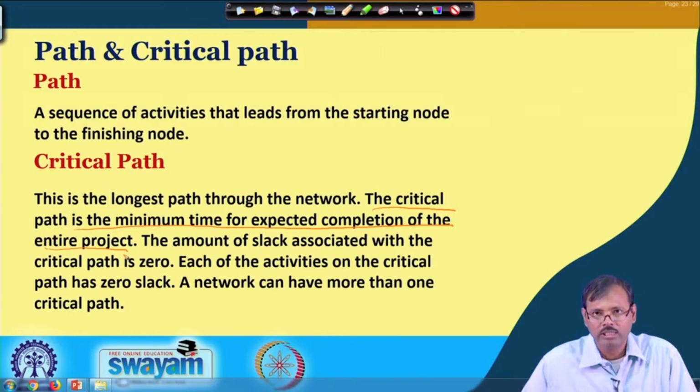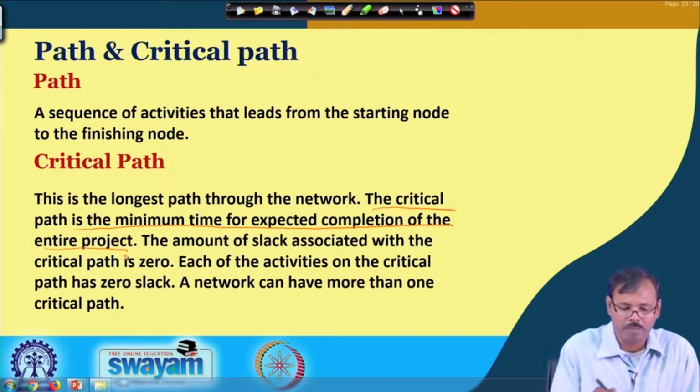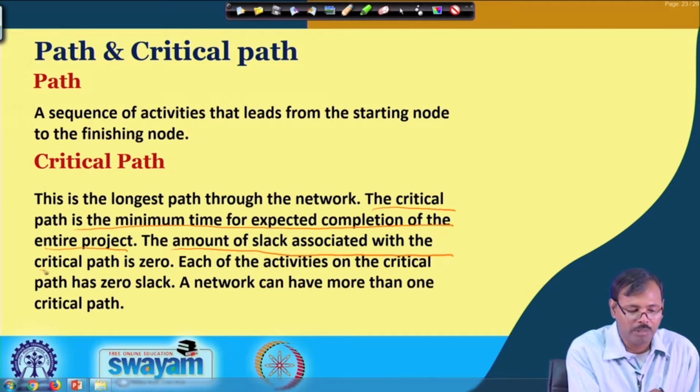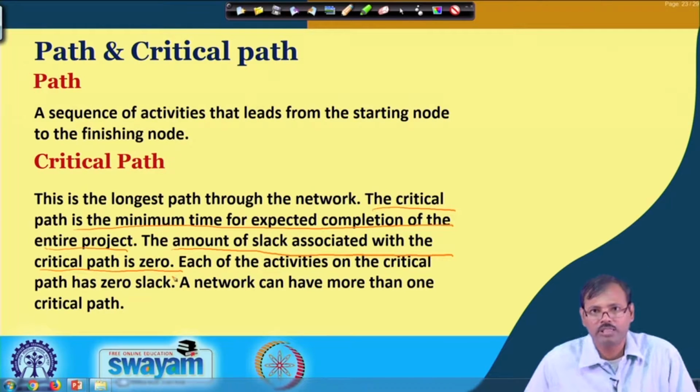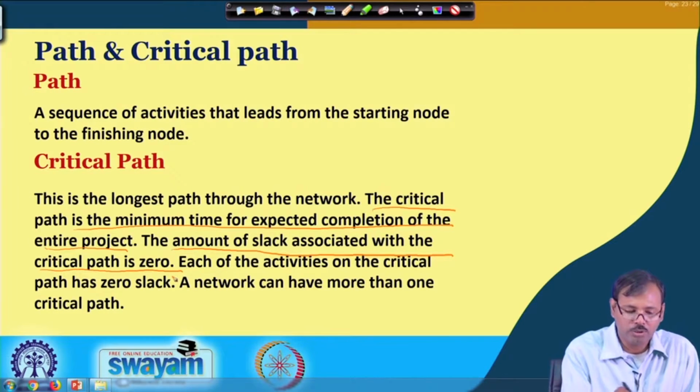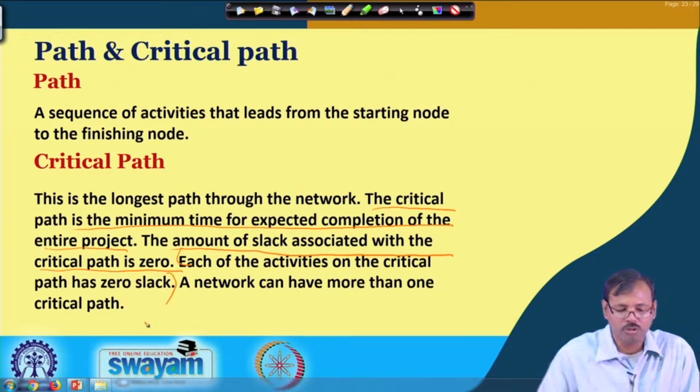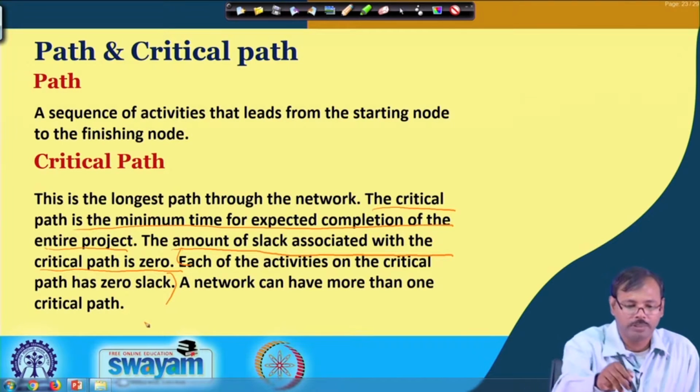That is why the critical path gives us the minimum time for completion of the total project, and the amount of slack, that means relaxation time, is zero in the critical path, but in the other paths some relaxation times are available. So, the path which has 0 slack is also called a critical path.